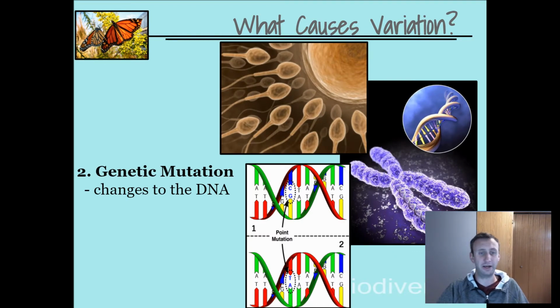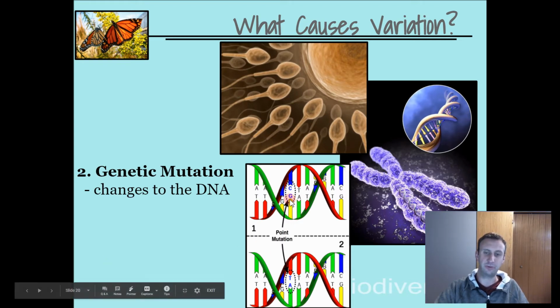Another option that can cause speciation and differences is genetic mutation. So if we have a mutation that ends up causing one group to be genetically different enough from another group, then that actually can be speciation as well. And so it would be genetic mutation happening over and over and over again, which might make one population incompatible with another population.